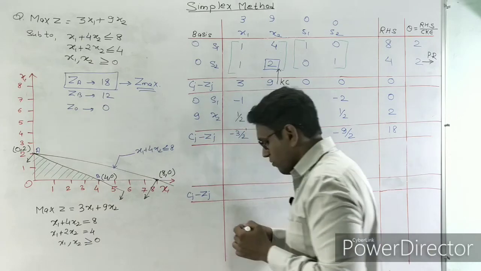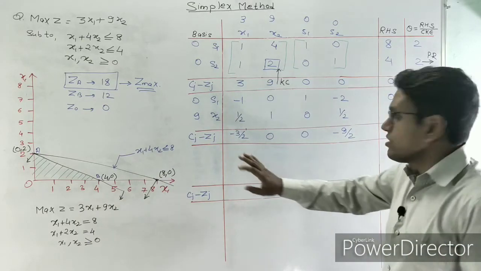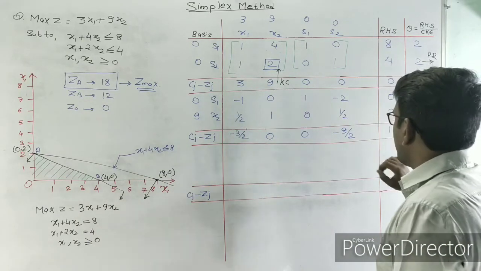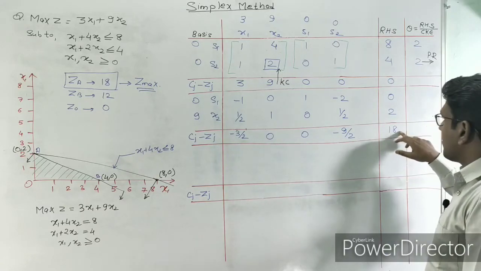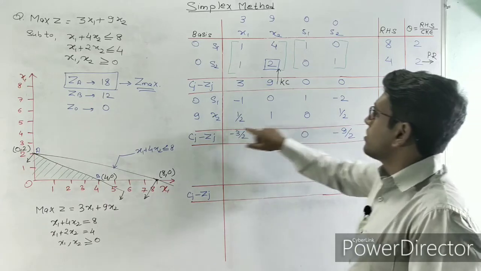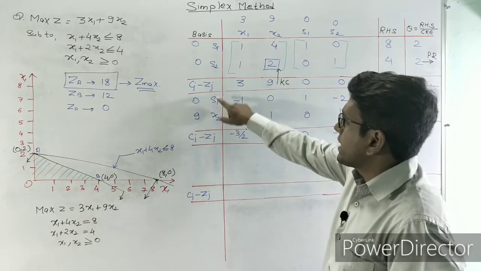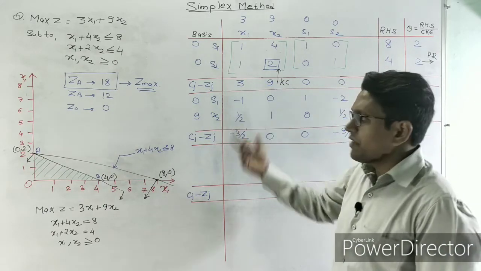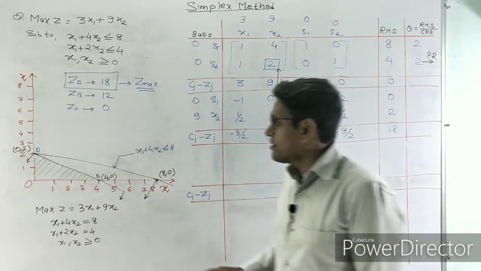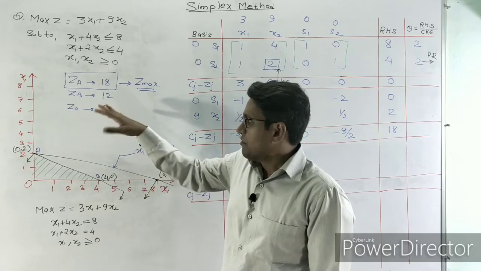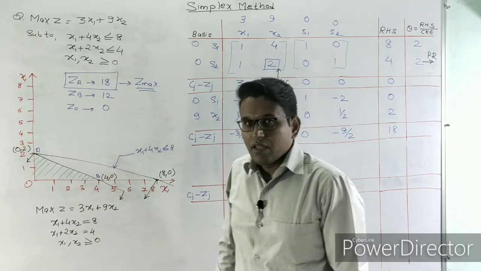This is what we have also seen in the simplex table. We are getting the value of z max as 18, and the value of x2 is equal to 2 and x1 does not appear, that means the value of x1 is equal to 0. But the problem arises when we have more than two variables.